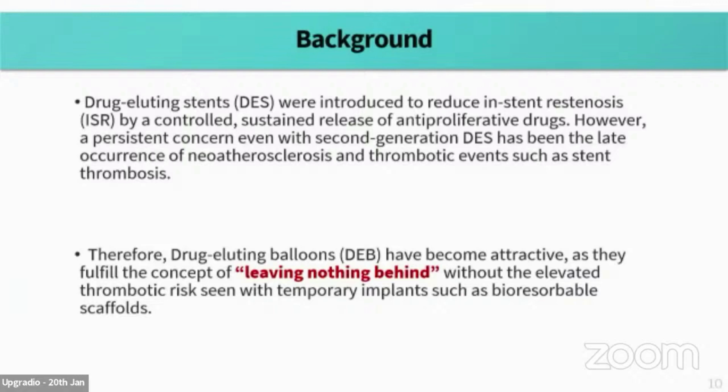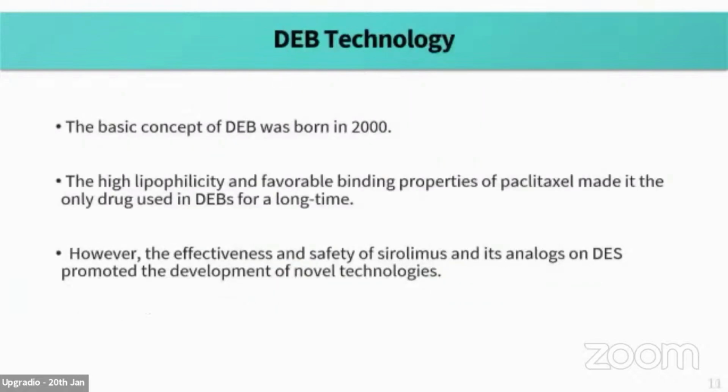It was introduced particularly to leave nothing behind. Sometimes, with bare metal restenosis, we have implanted a DES, and then what next? After 2 layers, it is better not to put any more layers into the coronary. So the DEB concept was born in 2000.